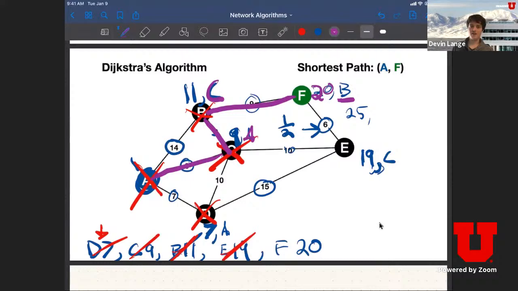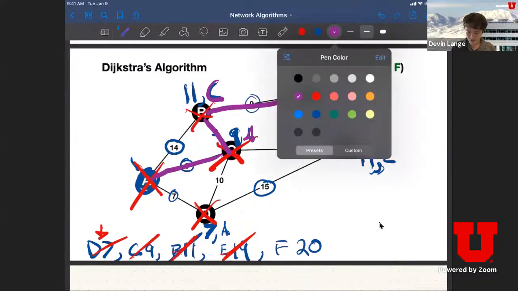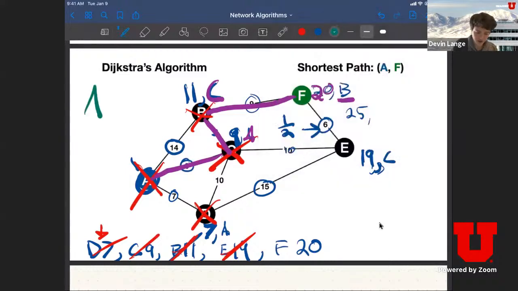Cool. And before I go back to the slides, I'm just gonna jump ahead slightly here and say that this works, and this is often used, but it's not actually the fastest way that you can get to this outcome in all scenarios. And this faster version is an algorithm called A*.